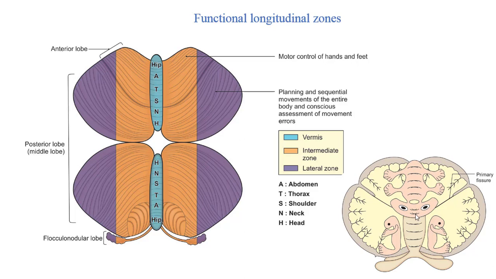And just beside this zone, both on the left and right side, we have the paravermal zones or intermediate zones, highlighted in brown, which is concerned with control of muscles of distal parts of limbs like hands and feet via rubrospinal tracts.